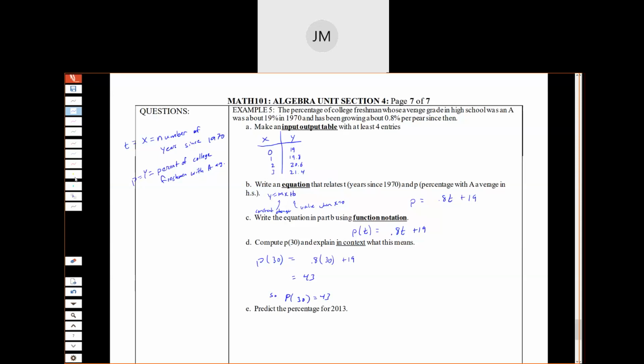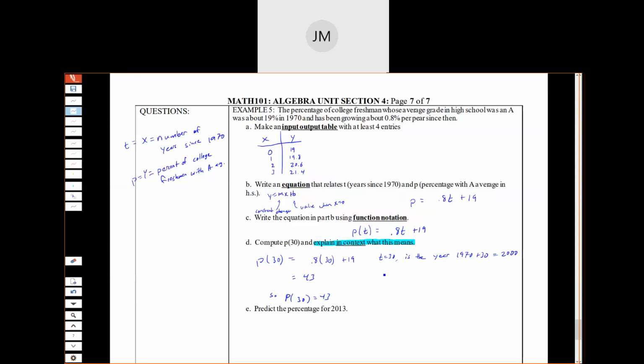Here's the tough part. Explain in context what this means. So I want to translate this back into words. Okay, so when T is 30, that's 30 years since 1970. So T equals 30 is the year 1970 plus 30, or 2000.